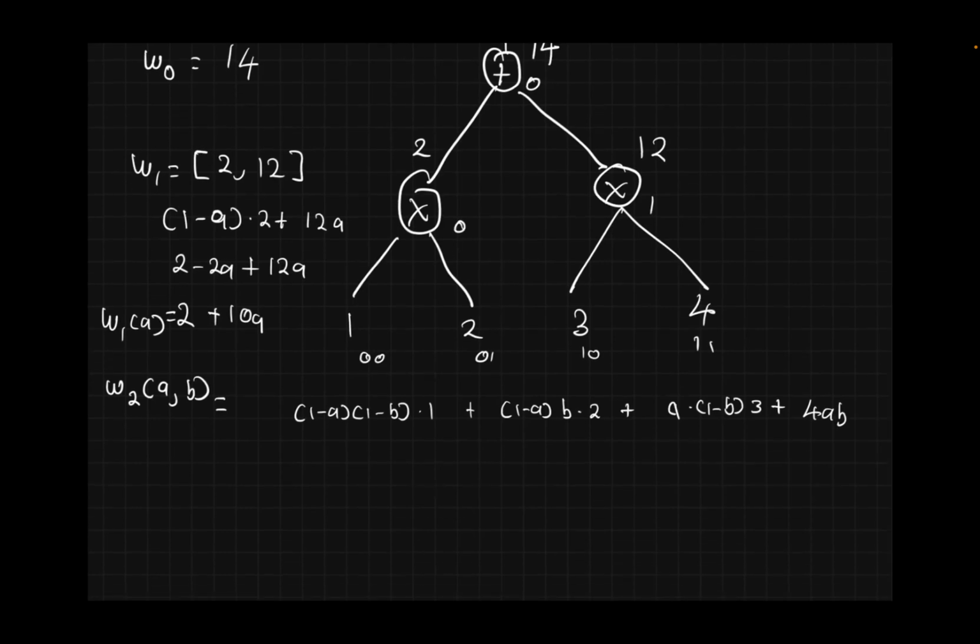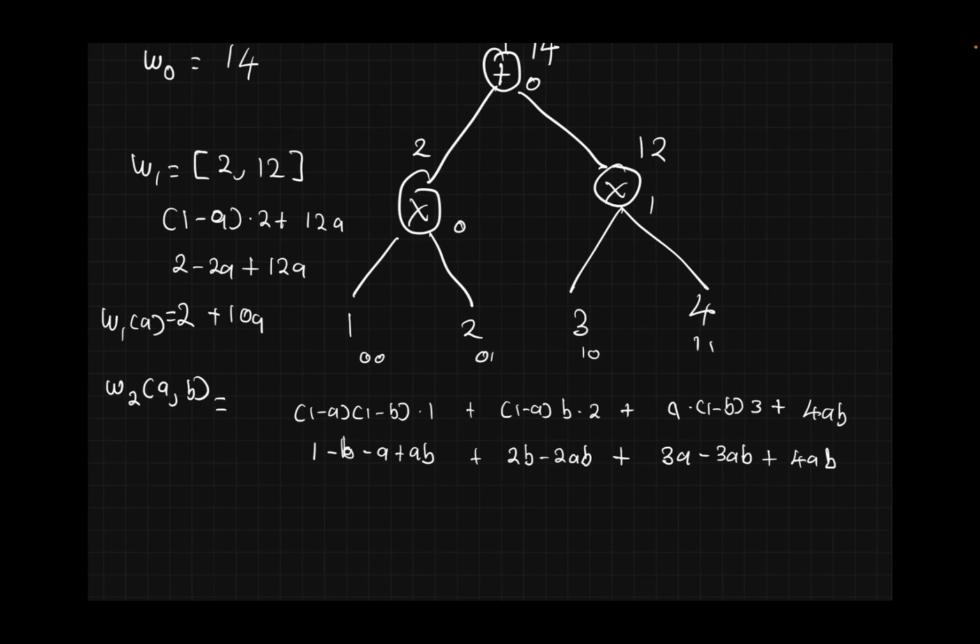Let's simplify. This was 1. Yes, this is correct, right? 2B minus 1. 2. Why give you everything? No. 3. Just confirm whether we're correct.